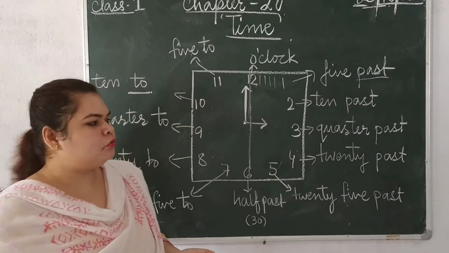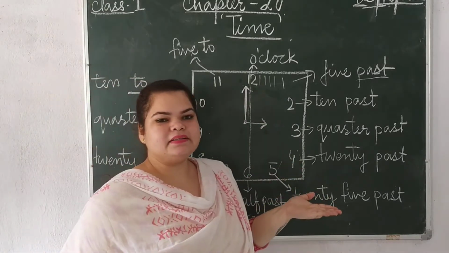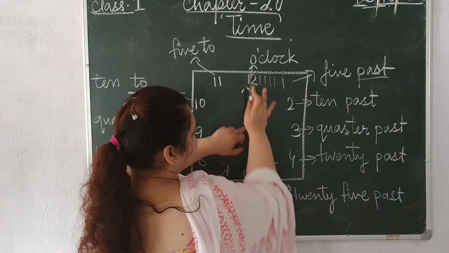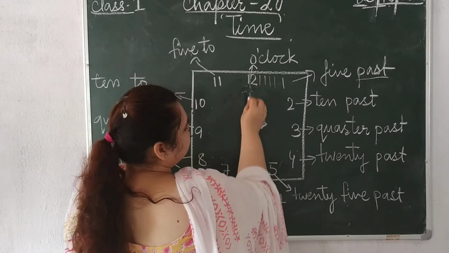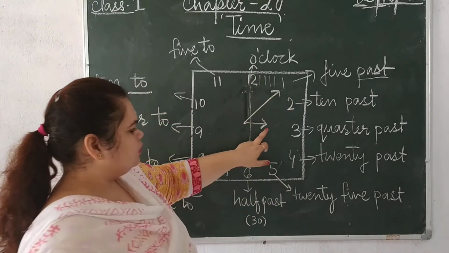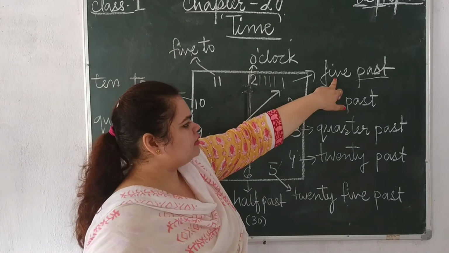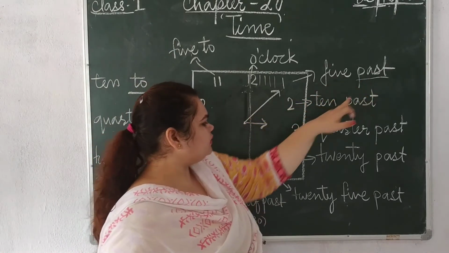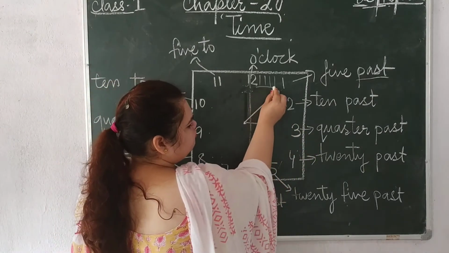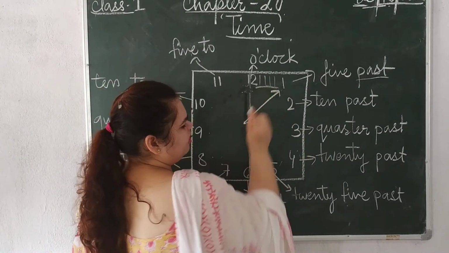Now what you need to know is how the time is set. Now if the big hand travels from 12 to 1, now the time here is 5 past 3. Why? Because there are 5 minutes here which have passed.